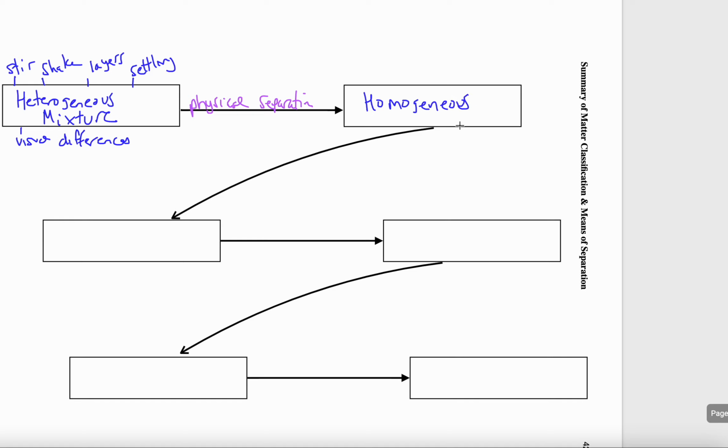And so if our sample is more homogeneous in nature, the big thing is that there are no visual differences, because there is a uniform particle distribution.